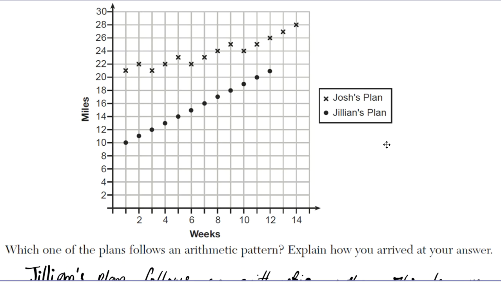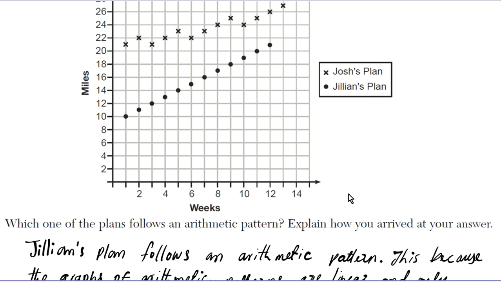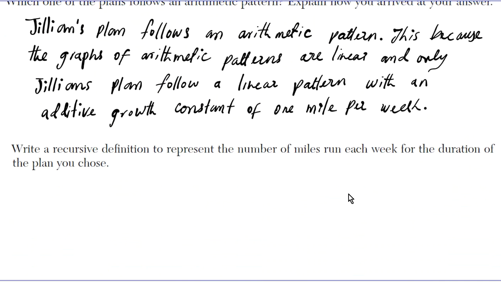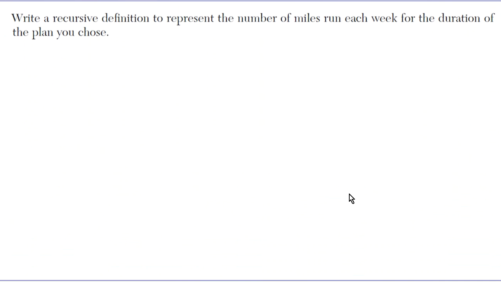Okay, so which is a smarter choice to pick? We just pick Jillian's pattern, right? It's easier to determine what her growth plan is using a recursive definition. Okay, so there is a formula for recursive definition of arithmetic and geometric patterns. Okay, so let's go ahead and write down the formula.